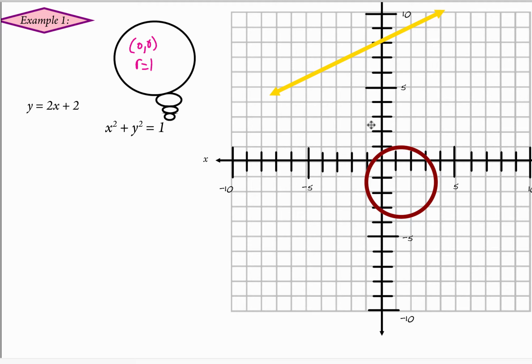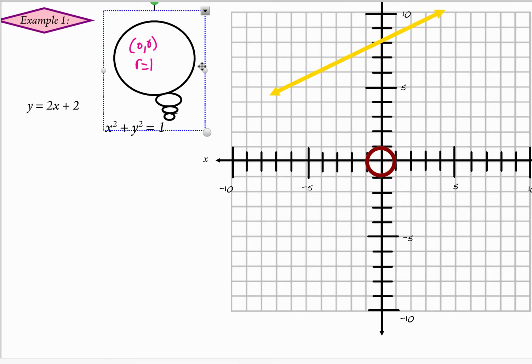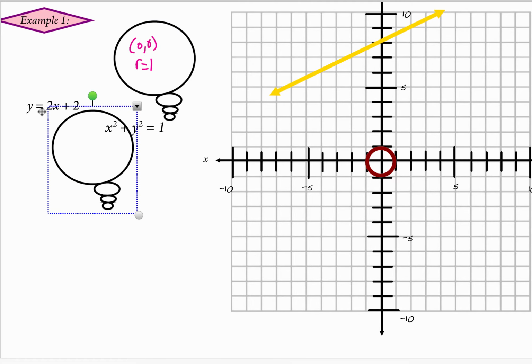All right, so I'm going to come over here, and I've got a pre-made circle, and I'm just going to give myself a little visual. Here's my circle. Its center is 0, 0, and it's got a radius of 1. Little tiny cute thing. Now what about my line? When I look at it, I want to know the slope and the starting point.